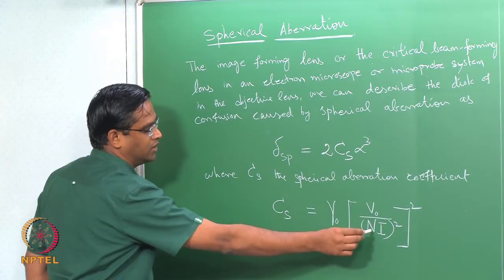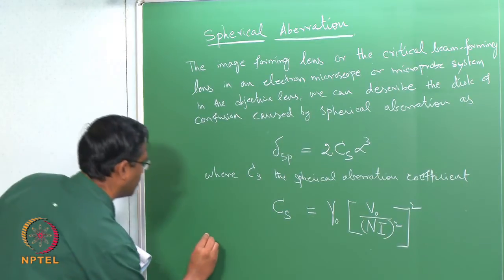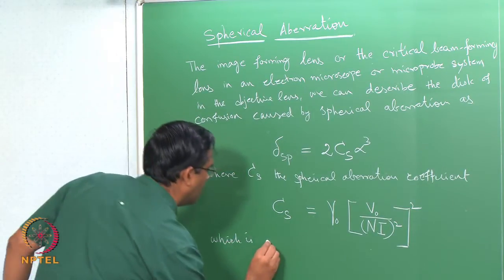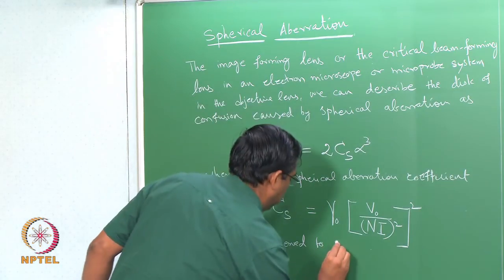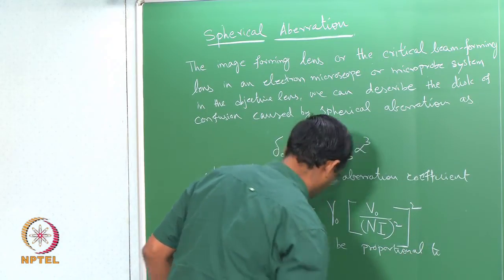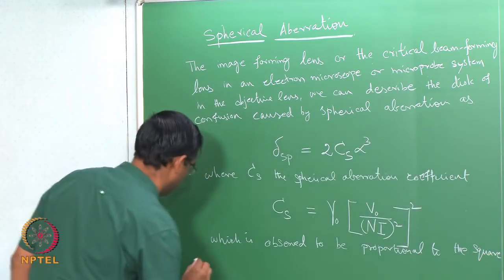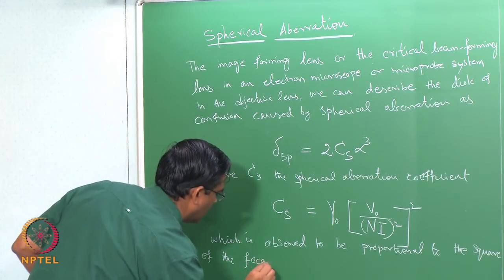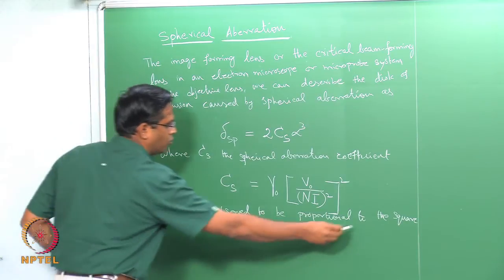This is the potential, this is the number of coil turns, this is the current, which is observed to be proportional to the square of the focal length.